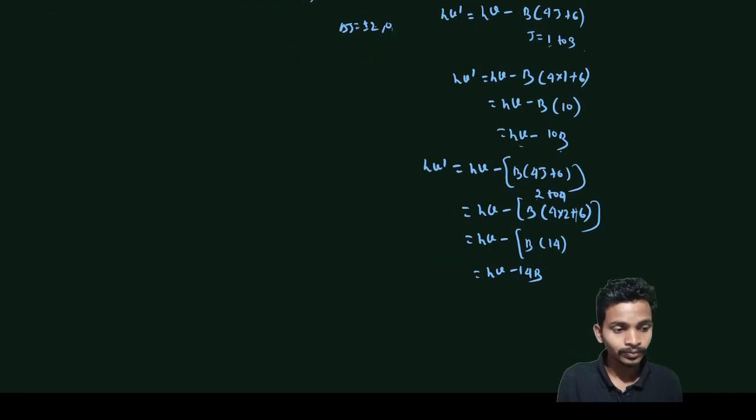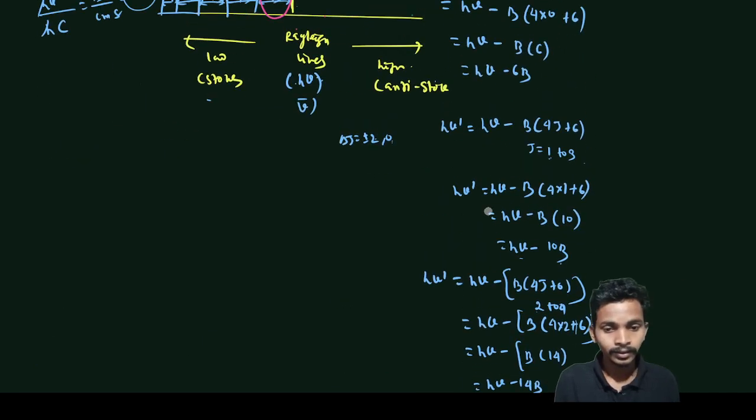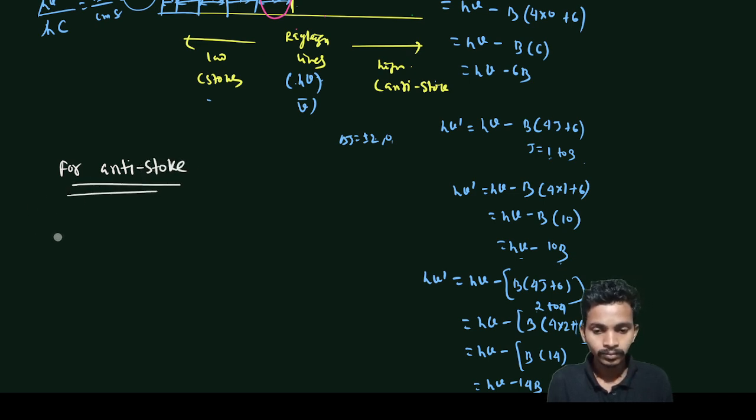So for anti-Stokes, h nu dash equals h nu plus delta E, as we discussed in the previous class.